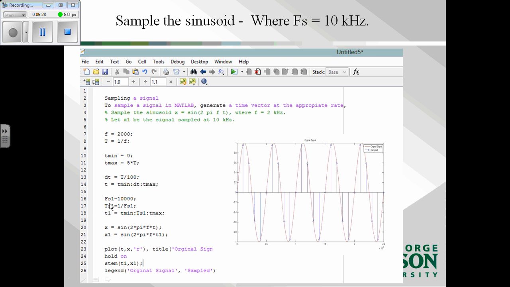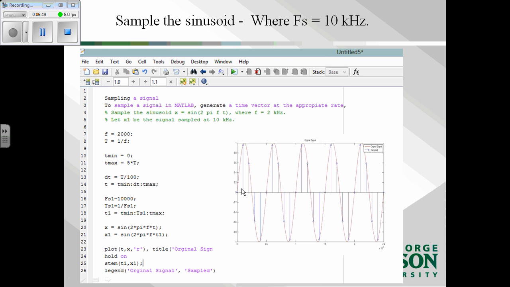So we get our new period, and we define our new t1. It's from tmin to ts1 to tmax. And again, here we define our new sine wave, x1 is sine 2 pi f t1. That's with our sampling frequency.